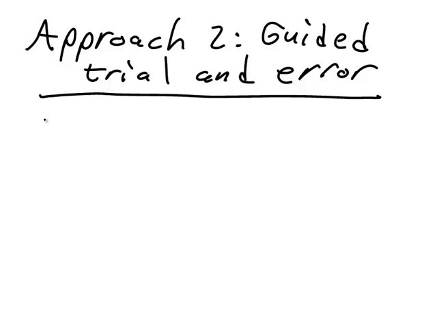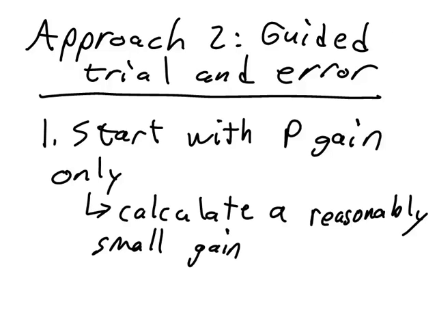The first step here is to start with proportional gain only. When you start out with proportional gain only, you want to start by setting that gain to a reasonably small value. So how do you determine what is a reasonably small value for your proportional gain? You can do this by understanding what the units are in your feedback control diagram.